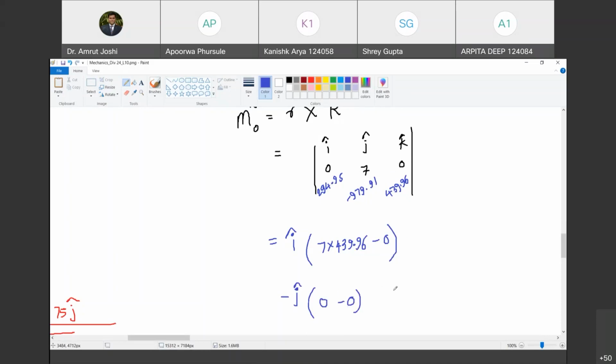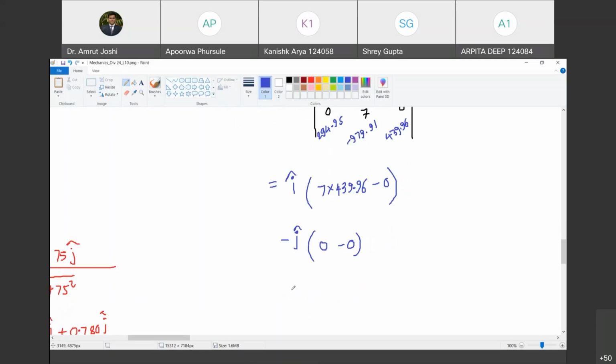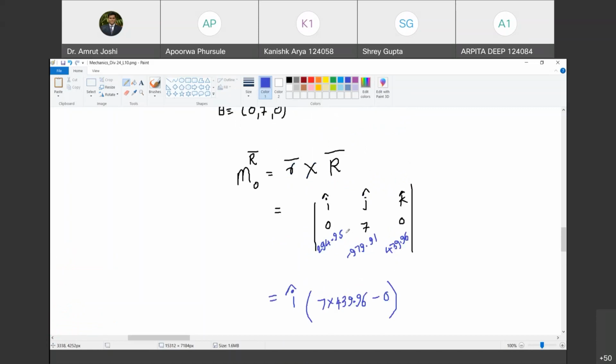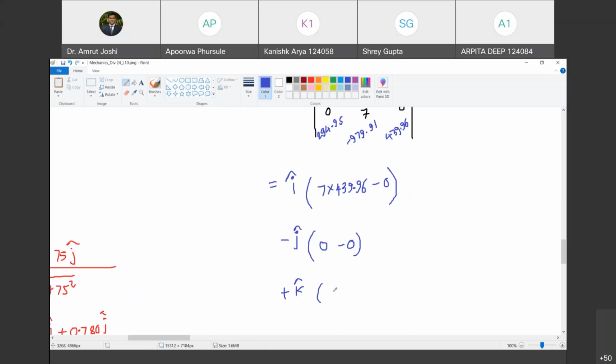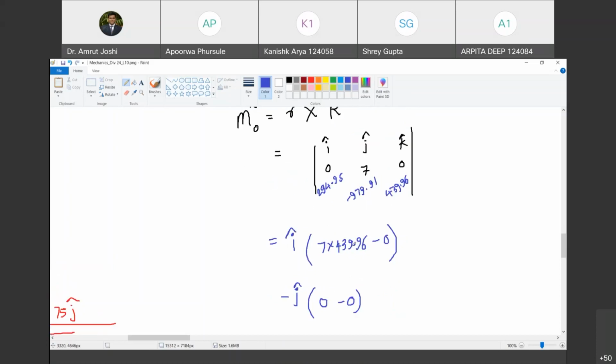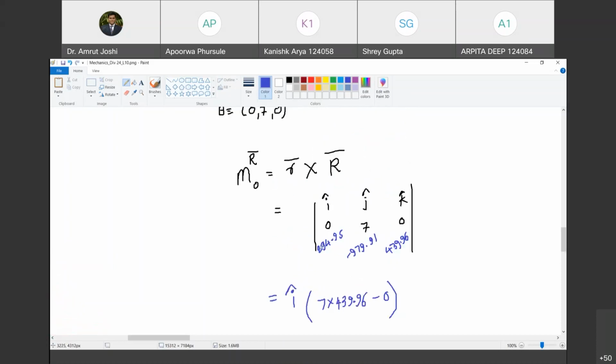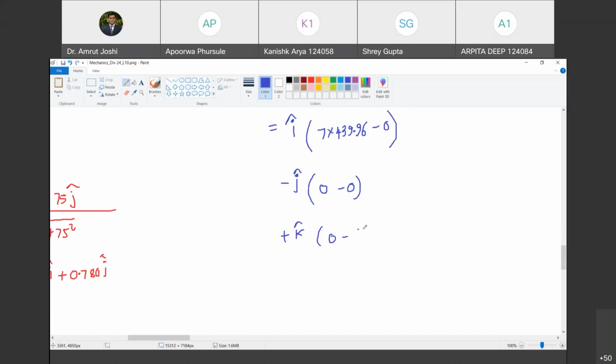So 0 j cap. Do you agree with me? Yes, sir. And plus k cap into bracket, it will be 0 into 979.91, that turns out to be 0, minus 7 into 294.95. Are you with me? Yes, sir.